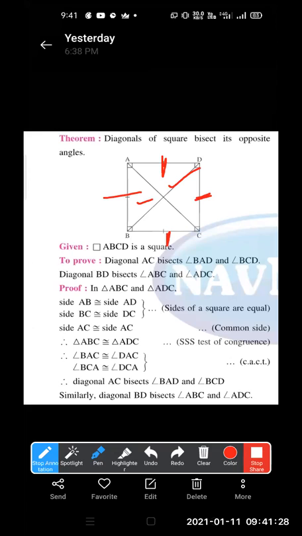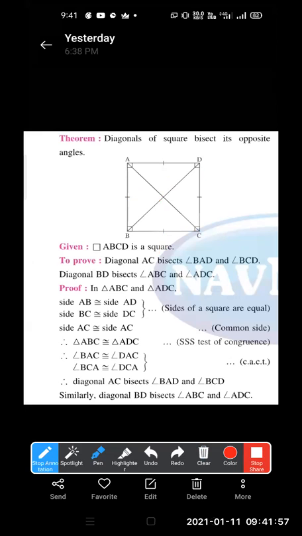The reason: they are the sides of the square, and sides of the square are equal. The third is AC, which is the common side to both triangles. So triangle ABC is congruent to triangle ADC by side, side, side.